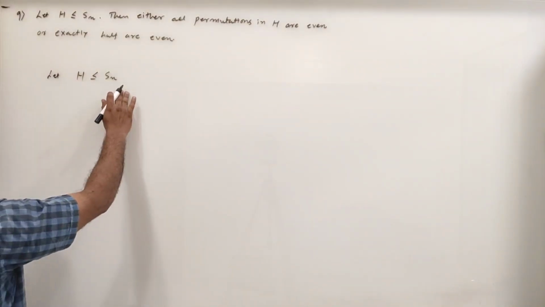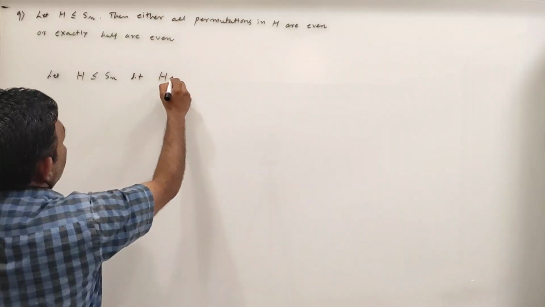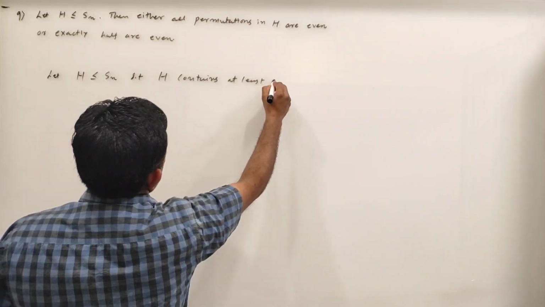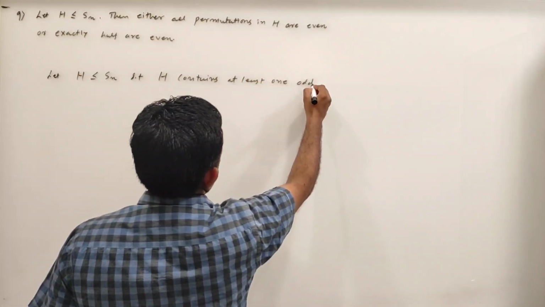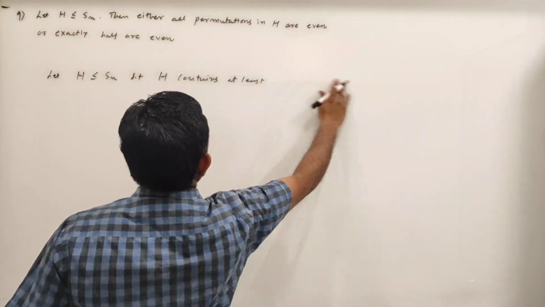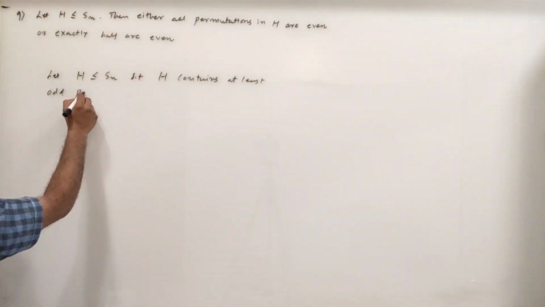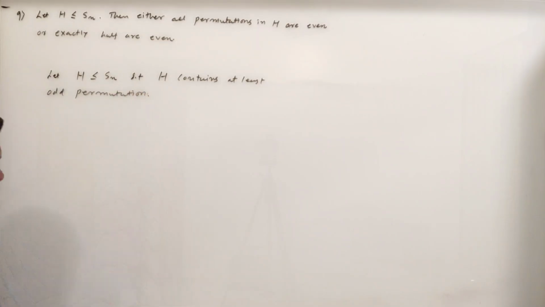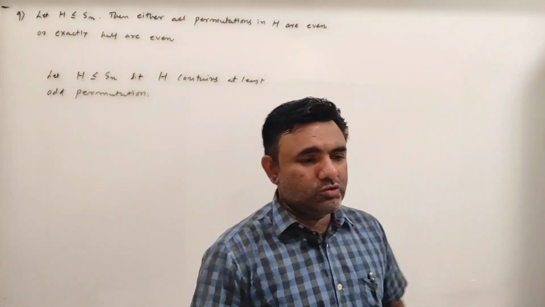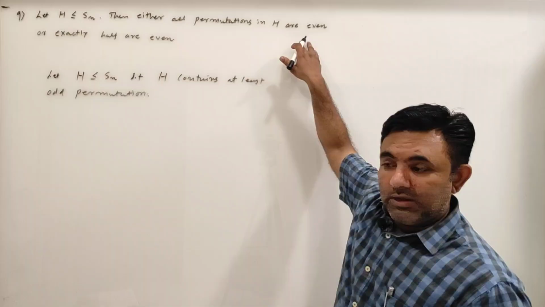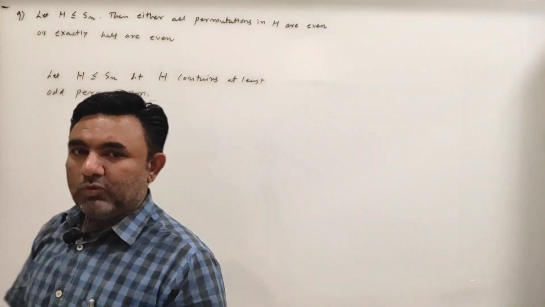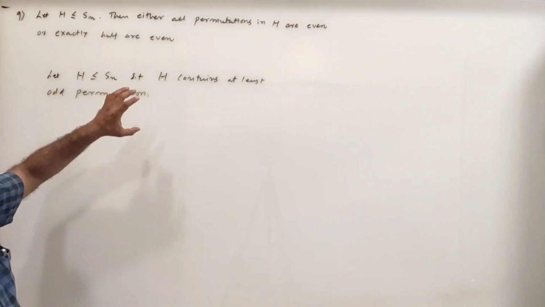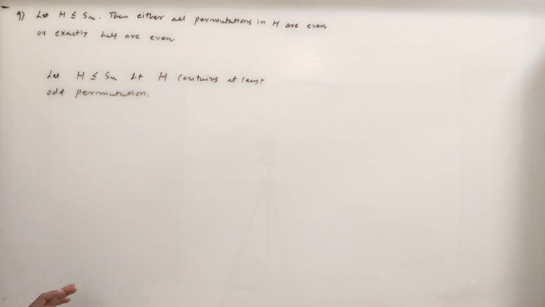So let H be a subgroup of Sn such that H contains at least one odd permutation. If all are even, then we are done, because it is in the statement. If an odd permutation comes in, then we will prove that odd are exactly half of the total, or even are exactly half of the total.